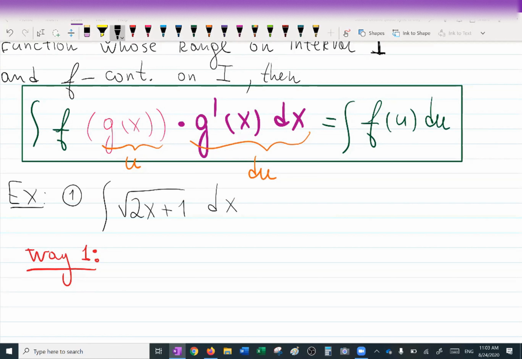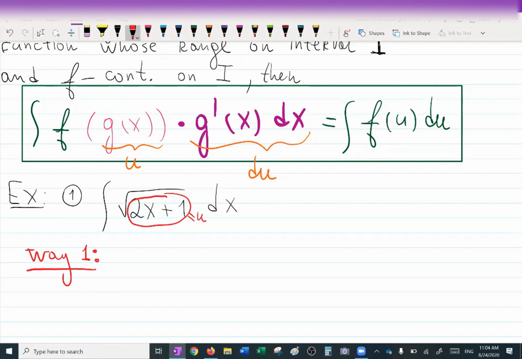You will see it's not too bad. But I don't know what's the integral of a square root with some stuff in it. So it makes sense to call that stuff u. If I'm going to call this stuff u, the integral will be square root of u. And that was the first thing we taught you when we learned antiderivatives. Square root of u, that's the power rule. You can do it. It's 1/2 plus 1 over 1/2 plus 1.